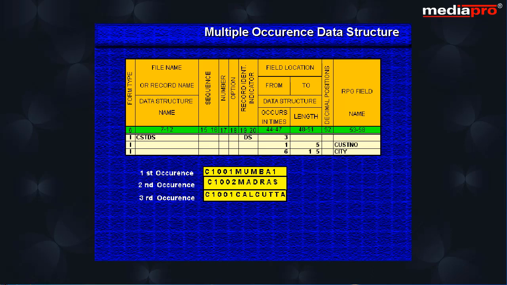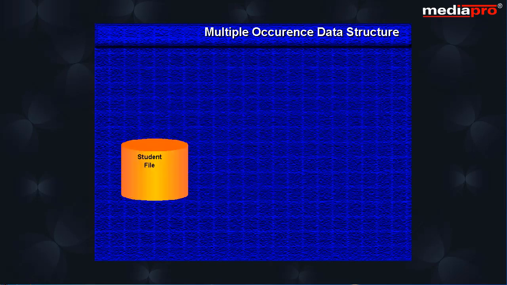We can access each copy of the multiple occurrence data structure by referring to its occurrence position within the structure. Let us define a multiple occurrence data structure. A student file contains the marks obtained by 5 students and also the attendance details for each student. For each student, there exists a different record for each term.